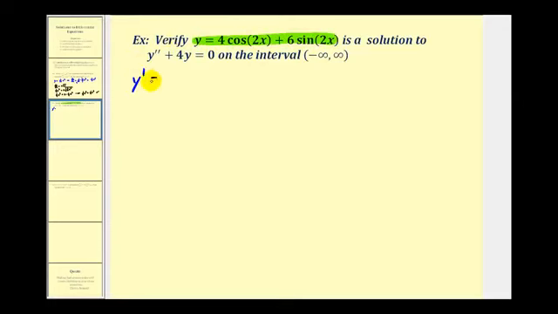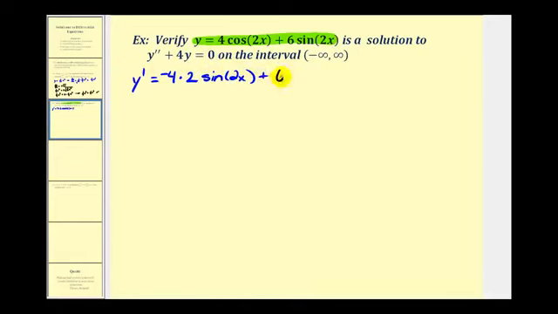Y prime is going to be equal to 4 times the derivative of cosine 2x, which will require the chain rule because we have a composite function here where the inner function is 2x. So the derivative of cosine 2x is going to be negative sine 2x times 2. Let's put the times 2 here, the negative here, and the sine 2x here.